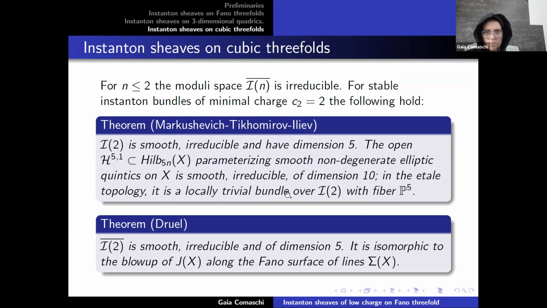So in this way, we obtain a 5-dimensional irreducible scheme and a 10-dimensional irreducible scheme parametrizing the elliptic quintics that correspond to instantons. Later, Druel proved that the Gieseker-Maruyama compactification of this moduli space is, of course, irreducible and of dimension 5. The entire compactification is smooth, and it is isomorphic to the blow-up of the intermediate Jacobian of X along the Fano surface of lines.